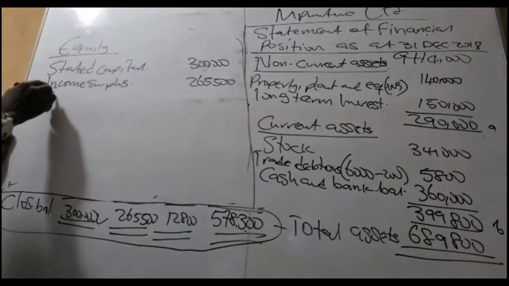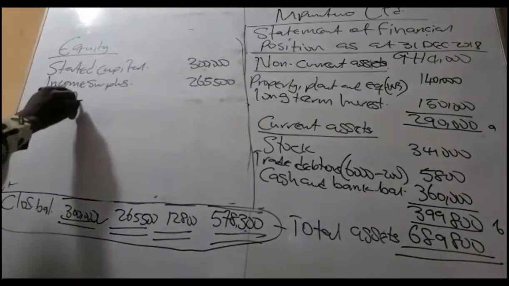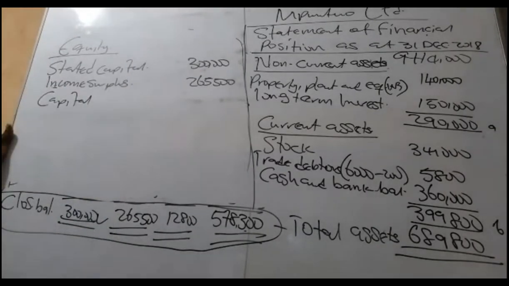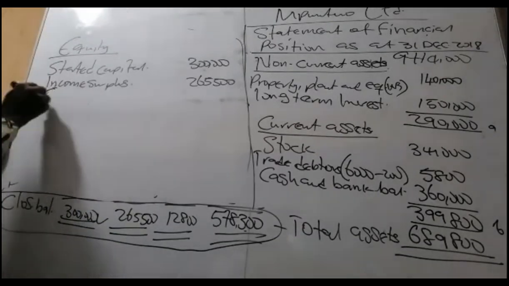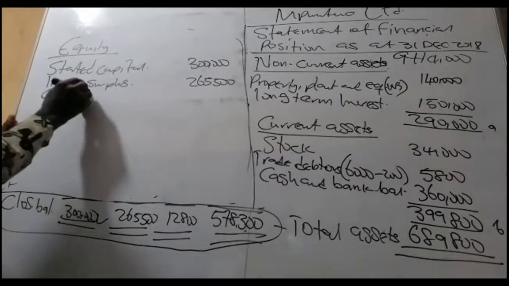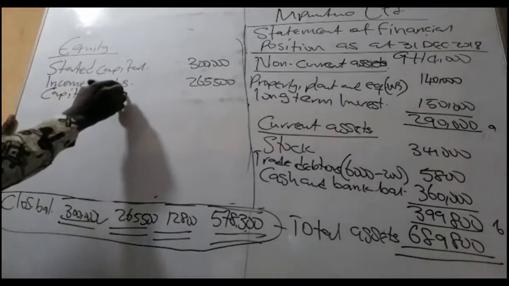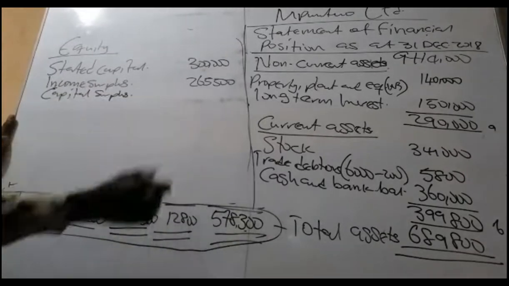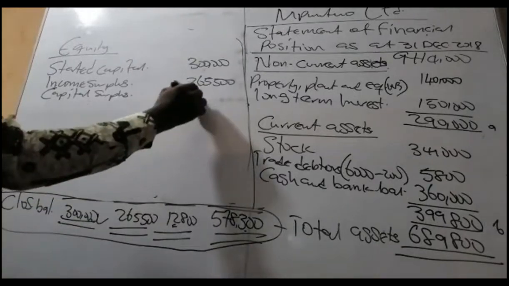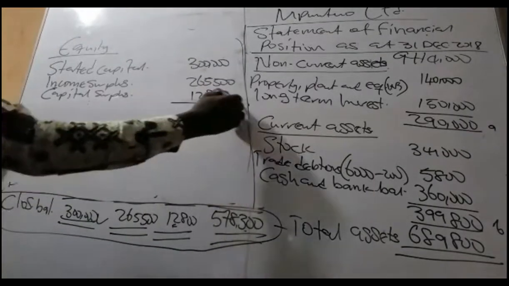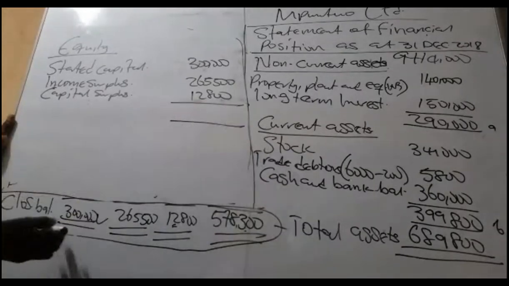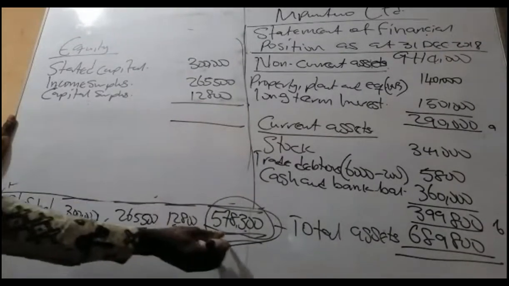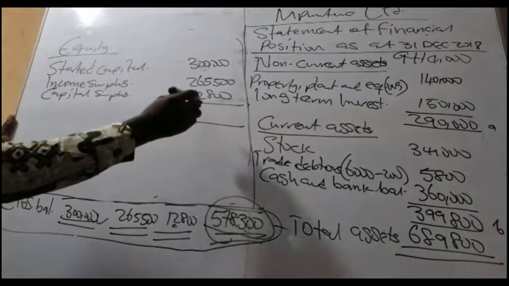Then we got the capital surplus for the same show. So capital surplus, we have 12,800. One good news about the change in equity is that when you are done, this answer, if it's correct, just record the same answer in here.